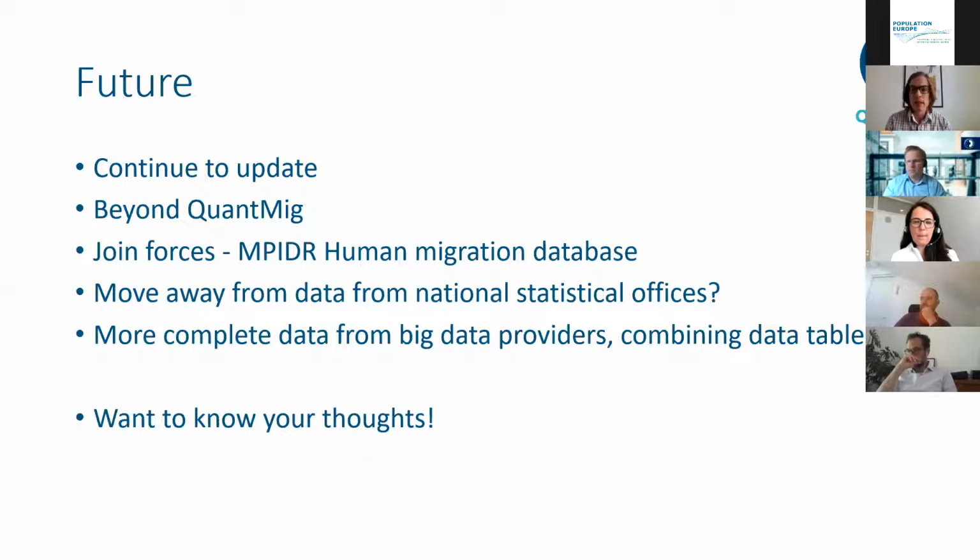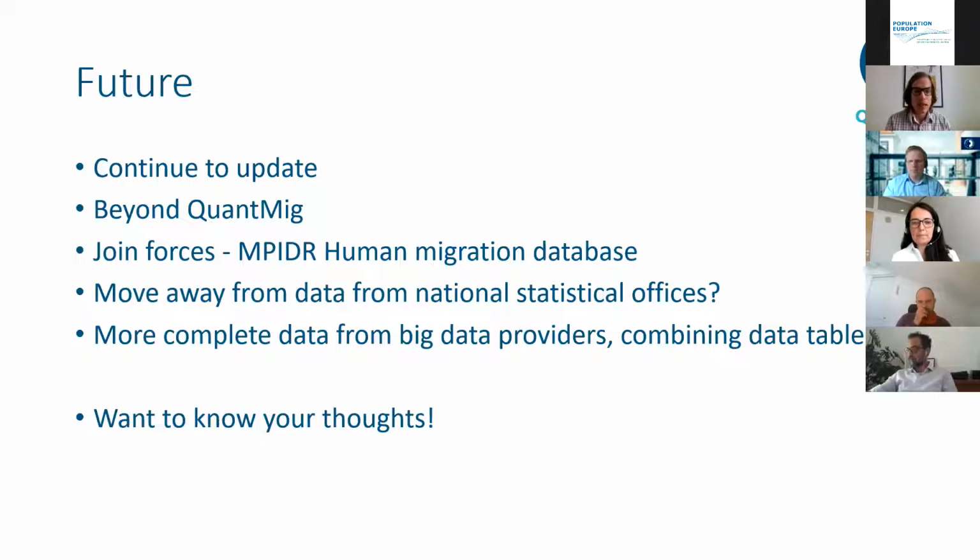Another thing, as you may have noticed, is that we do not include the data from national statistical offices, whereas migration scholars often do go to the national offices, because they feel that they may get more detailed data there. I think it would be better to move away from that, because it also undermines the efforts of these big data providers to give these cross-national data sets.